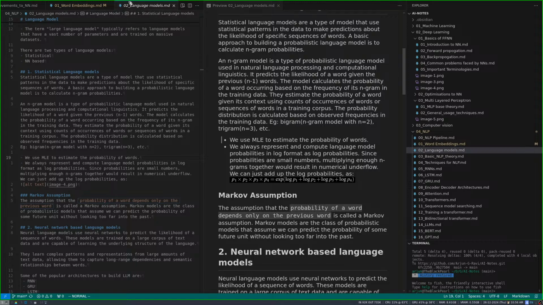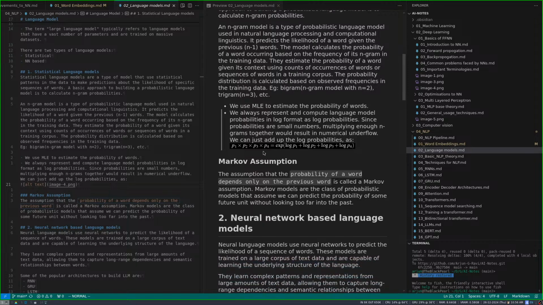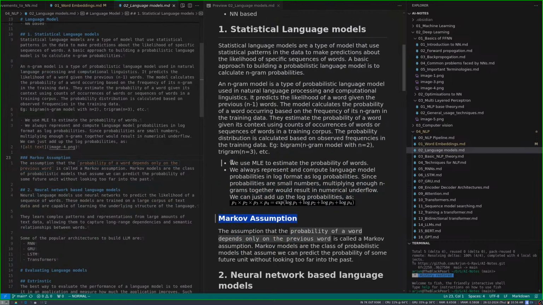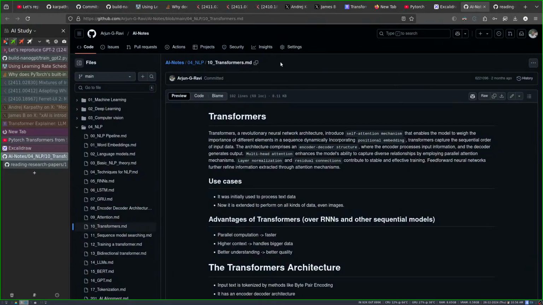We just take in a lot of text, create the data set for the n-gram model, and we just train this. It's a simple structure. Markov assumption: the probability of a word depends on the previous one.